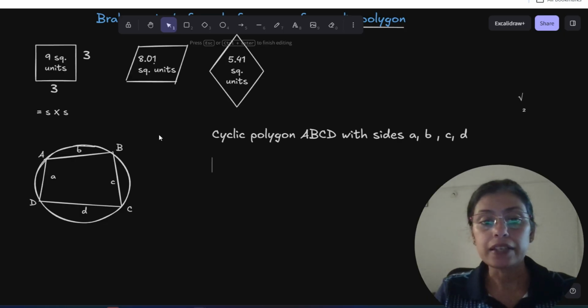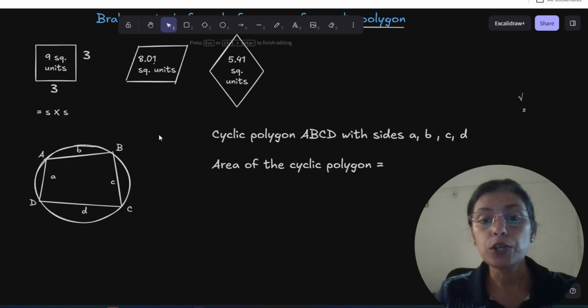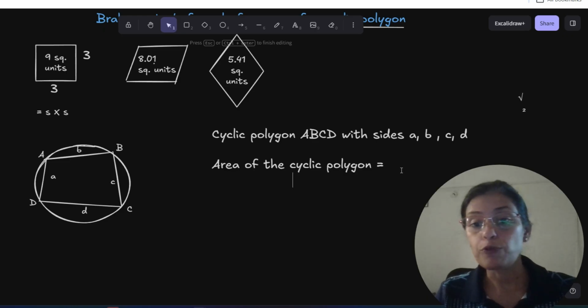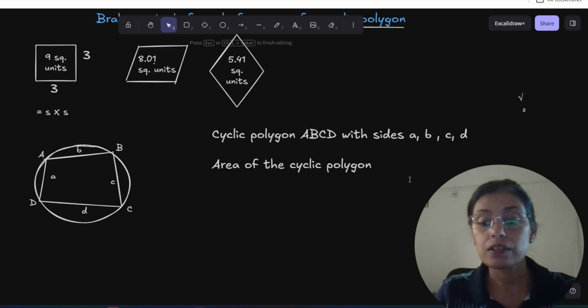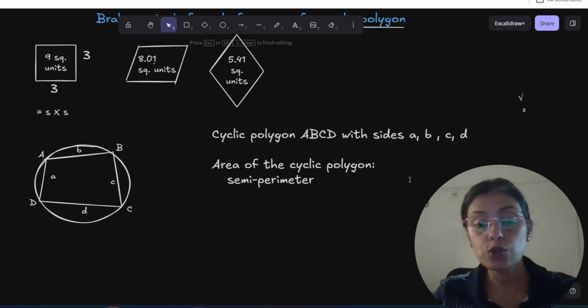Then in that case, the area of the cyclic polygon is equal to... so before we calculate it, I'll show how to calculate. First we define the semi-perimeter, just like in Heron's formula.